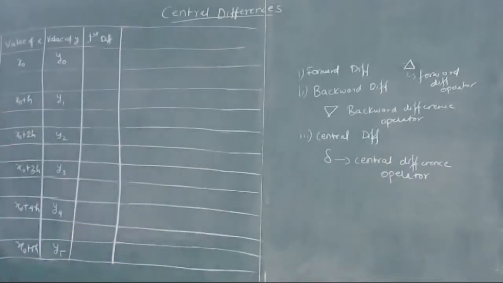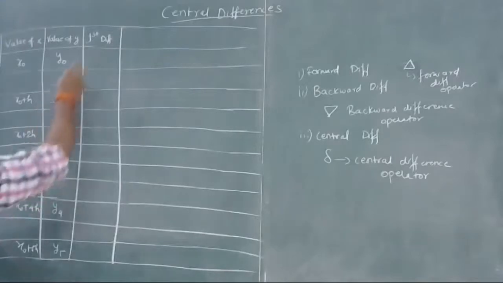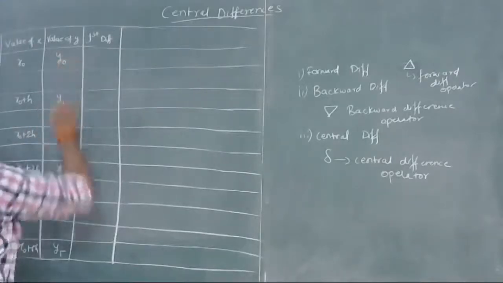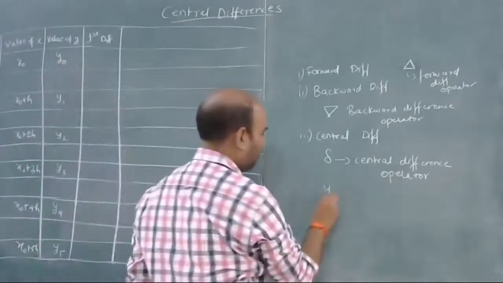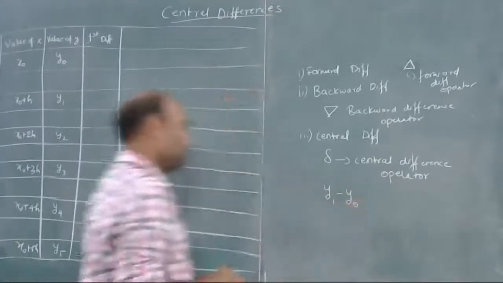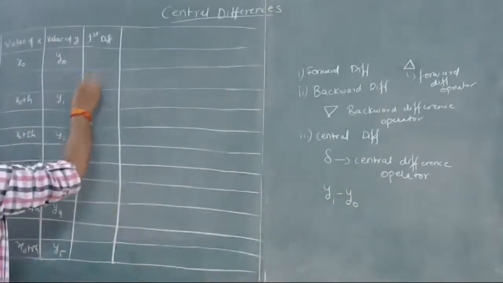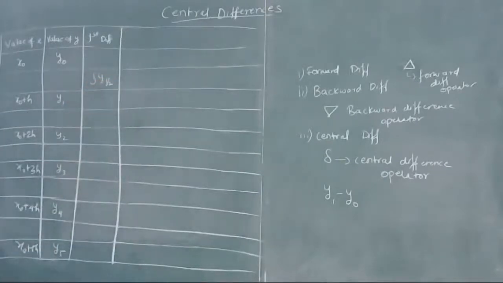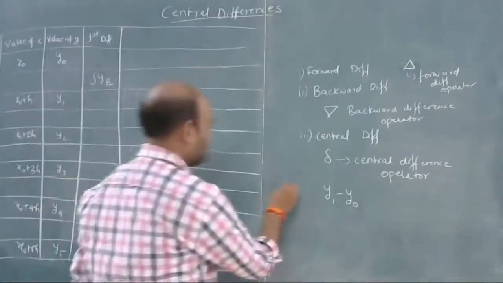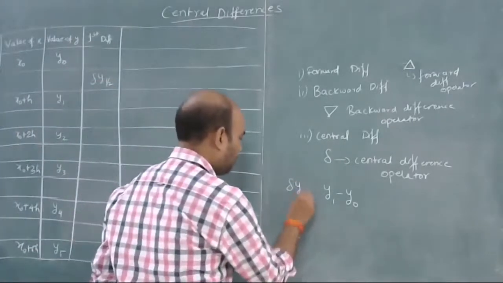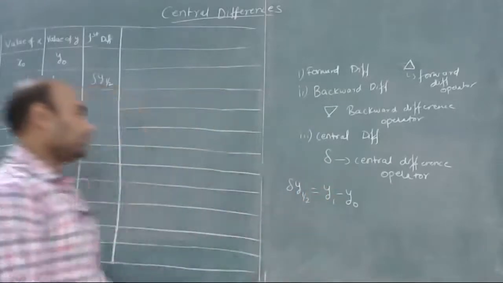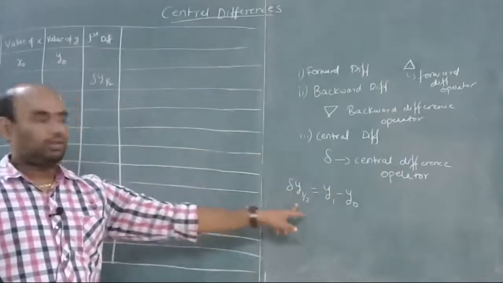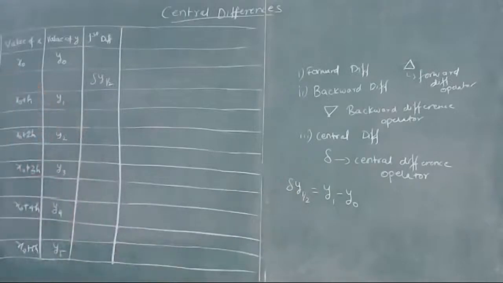Now the first difference, like we have done in forward and backward. The difference y1 minus y naught gives del y1 by 2. This is the central difference operator.